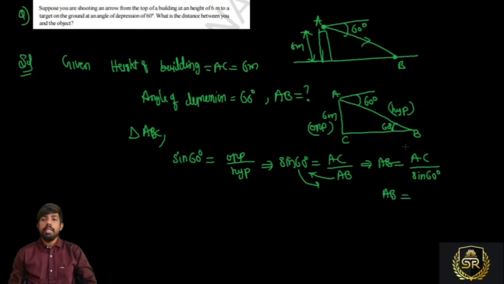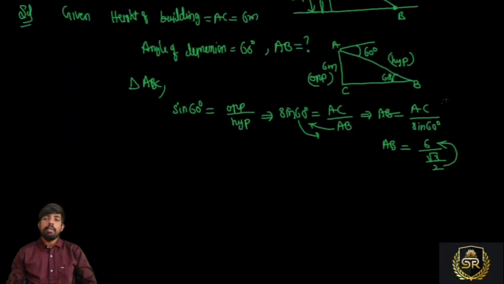AC is 6 meters, and sine 60 is root 3 by 2. The 2 goes to the numerator, so AB equals 2 into 6 by root 3.